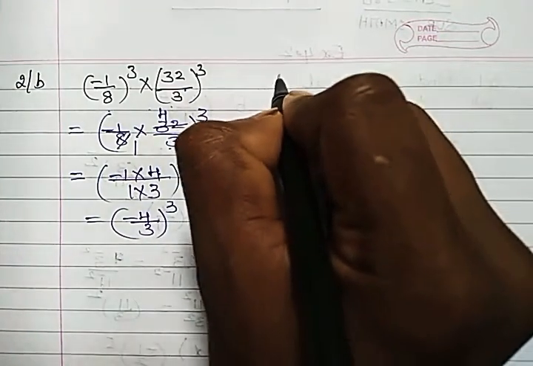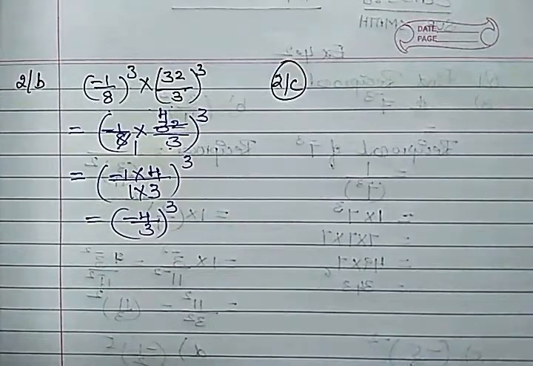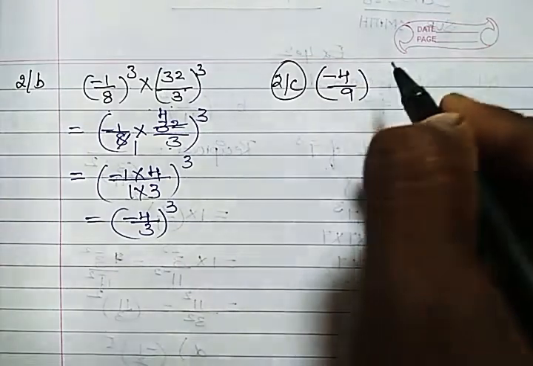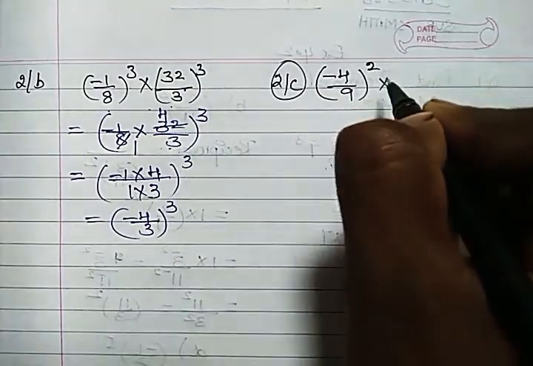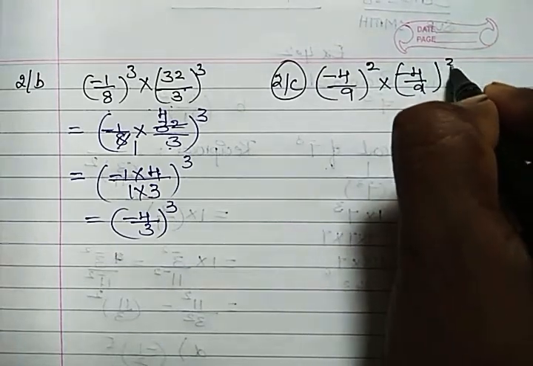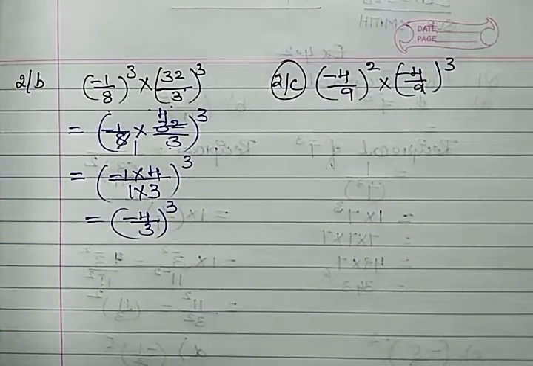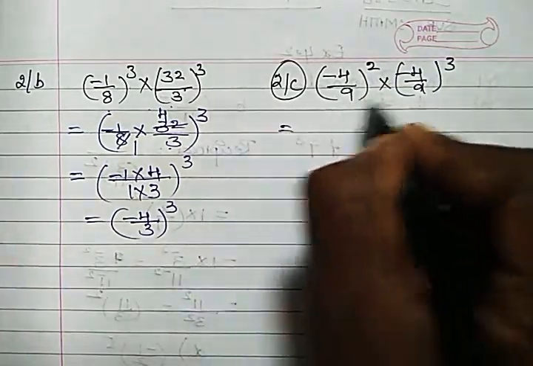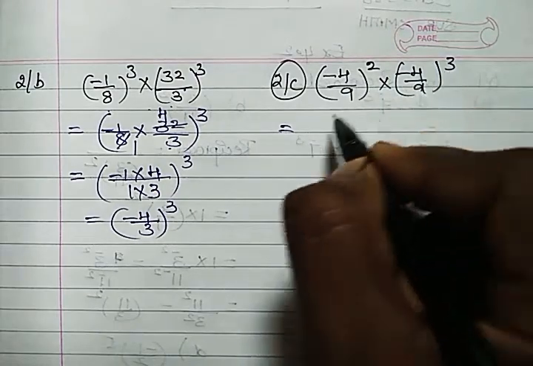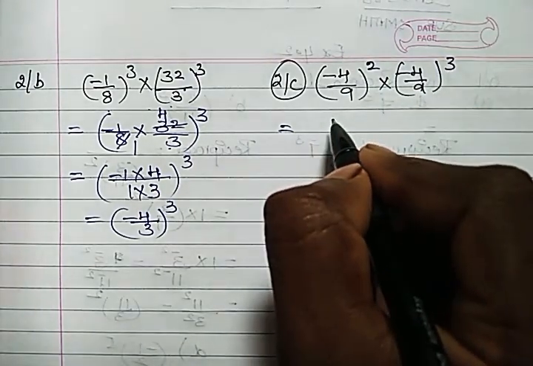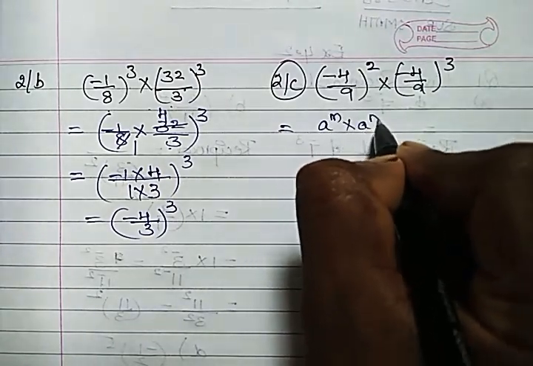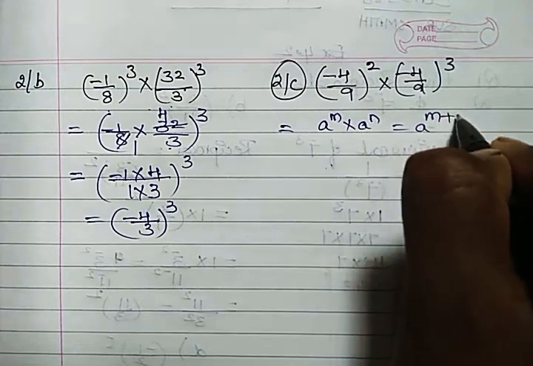Now 2C is (minus 4 by 9) whole power 2 into (minus 4 by 9) whole power 3. Now see this here. What do you observe? You have two same bases but different powers. If the bases are same, what is the law of exponents we use? a power m into a power n is equal to a power m plus n.